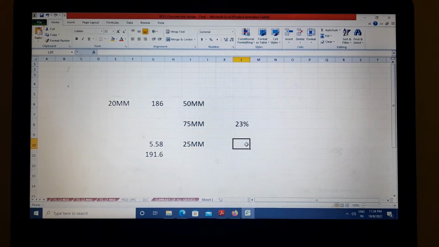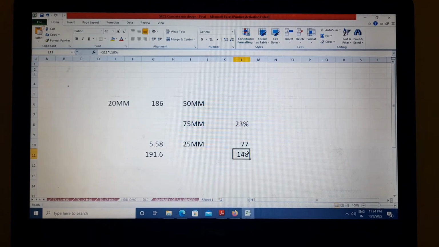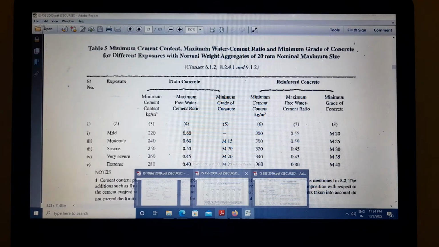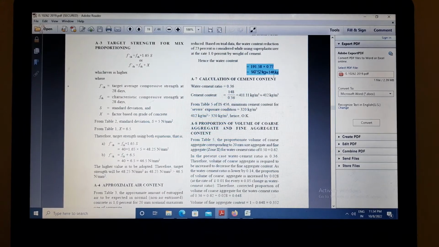So the net water content will be 100 minus 23. The net water, so I am multiplying this 190 into 77%, that is 148. By addition of admixture, our water content is reduced from 191 to 147.